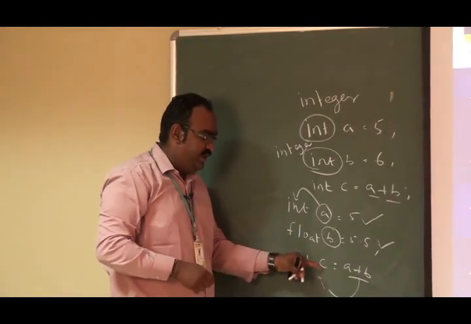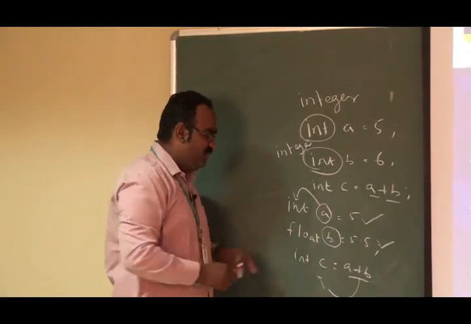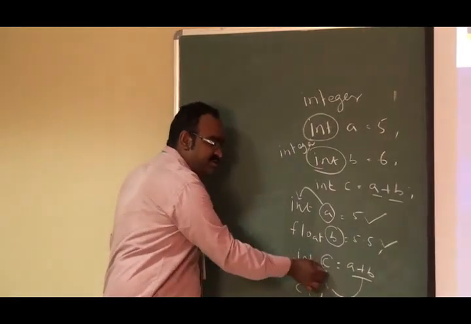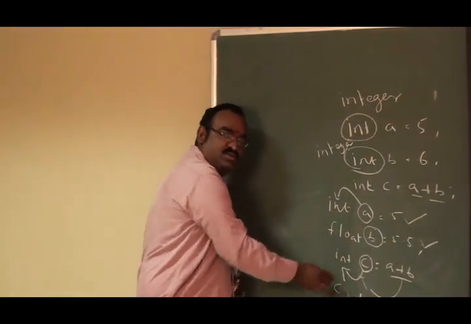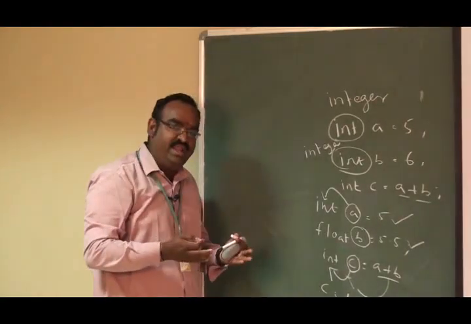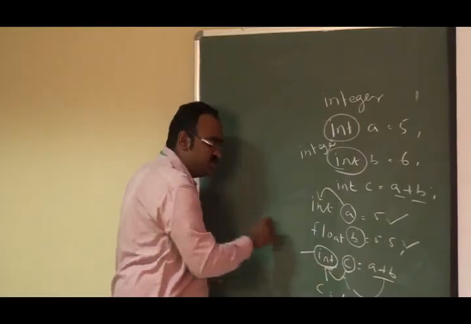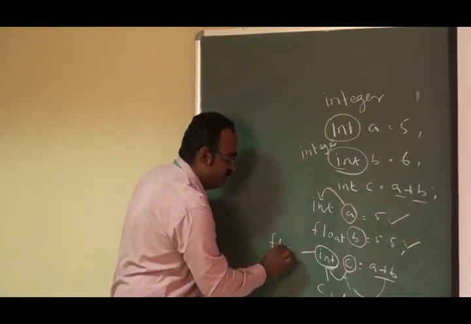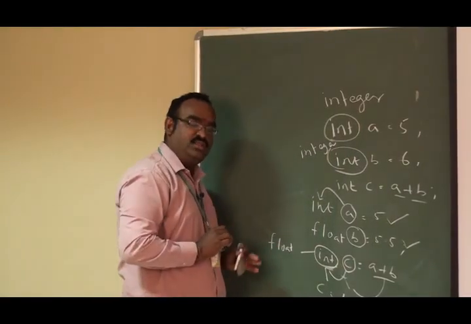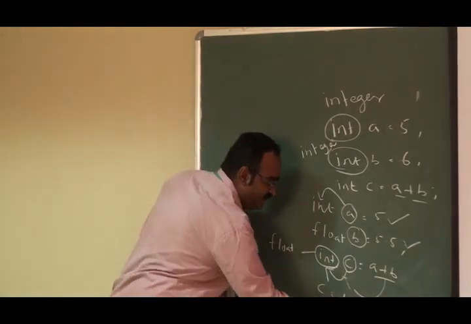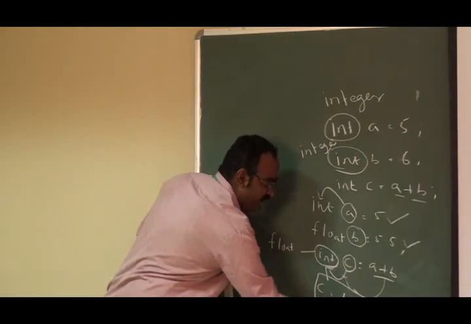When you store it in c, the value of c is 10. Why? Because we declared c as an integer data type, which is a whole number. But if we need 5.5, then instead of integer we have to use float. A float only stores floating decimal point values. So 5 plus 5.5, that is 10.5, is now stored in c.